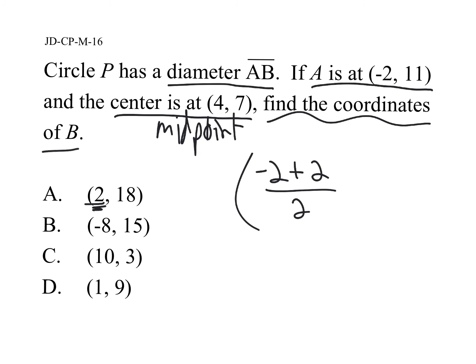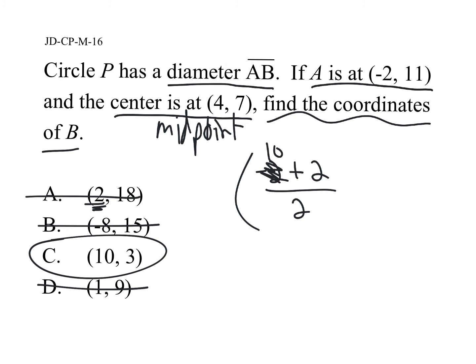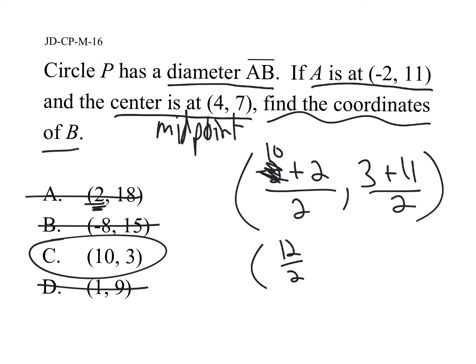So if 2 is too small for an x value, there's only one that has a bigger x value than that, which is choice C. And we could just double check with that. So if we put 10 and we put in 3, again adding and dividing by 2, so that'd be 12 divided by 2.